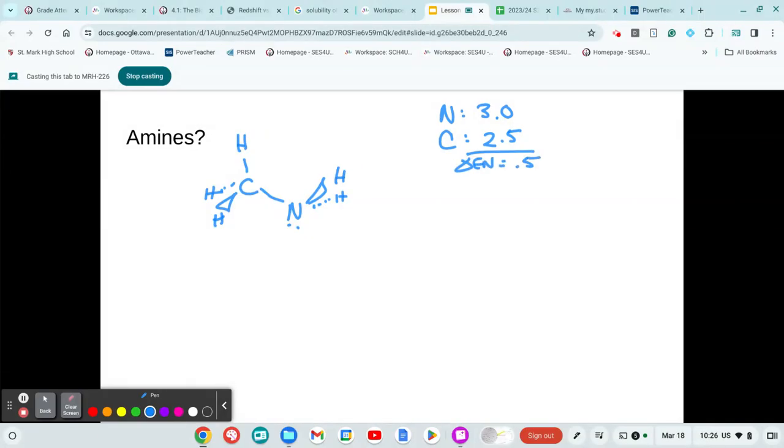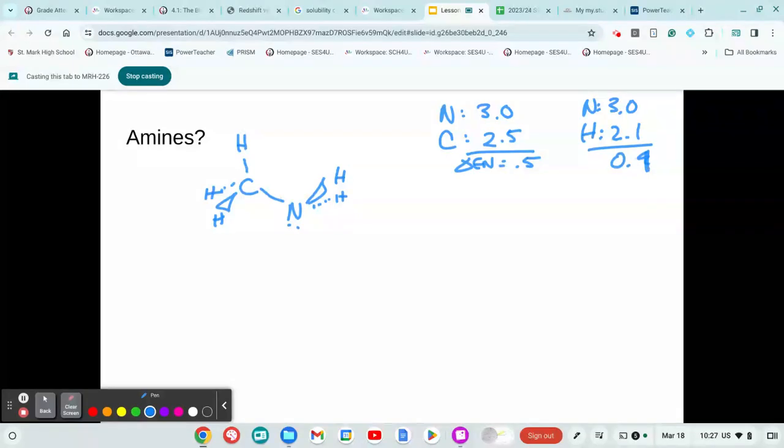So the bond between carbon and nitrogen is just slightly polar. But then I've also got this bond between hydrogen and nitrogen. Nitrogen 3.0, hydrogen 2.1. So that bond, the electronegativity difference is 0.9. That bond is slightly polar.